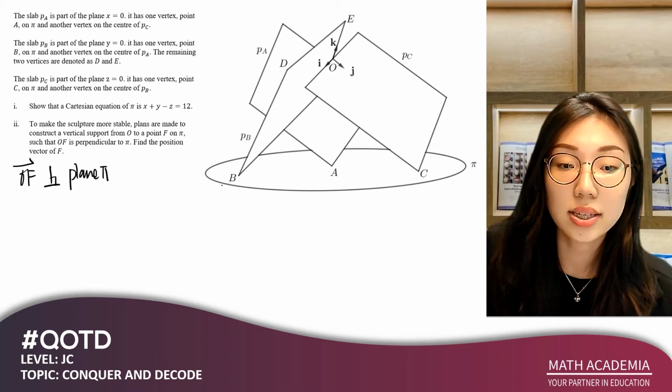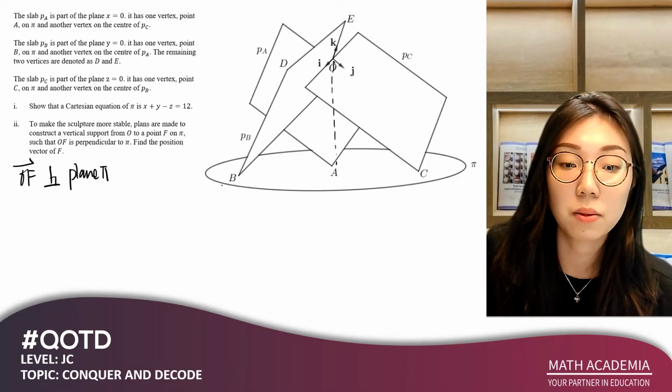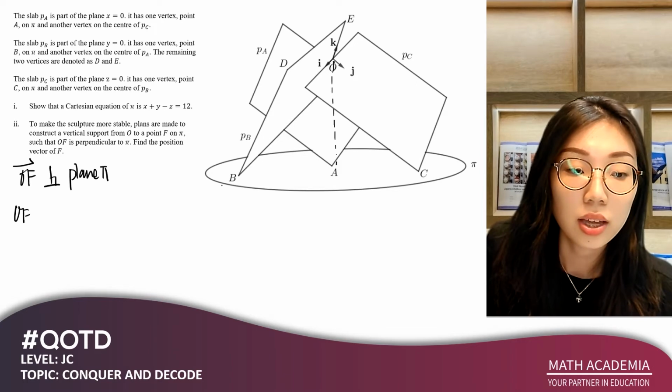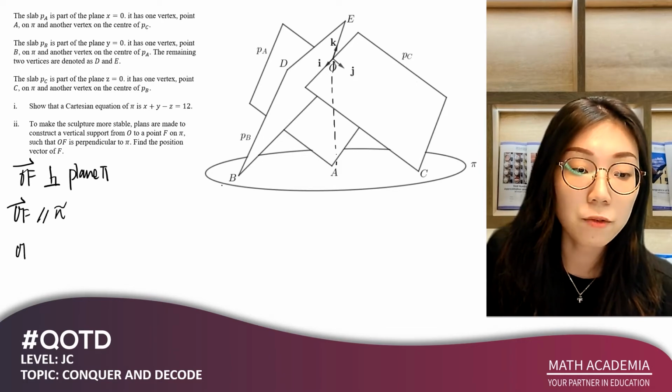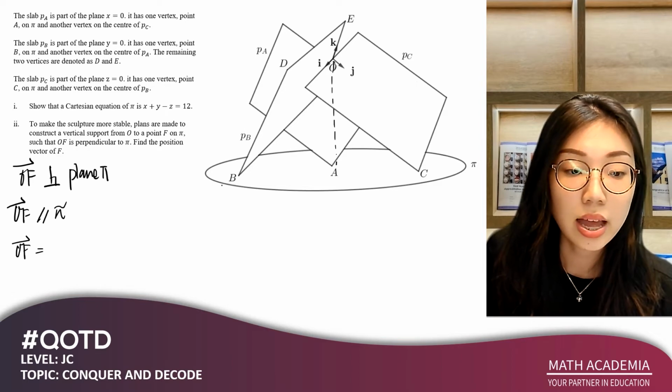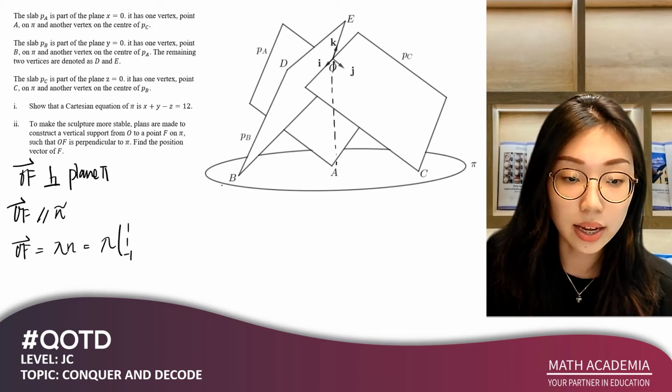And since OF is perpendicular to plane pi, OF is parallel to the normal. So OF can be represented by lambda n, where n is the normal. So lambda 1, 1, and negative 1.